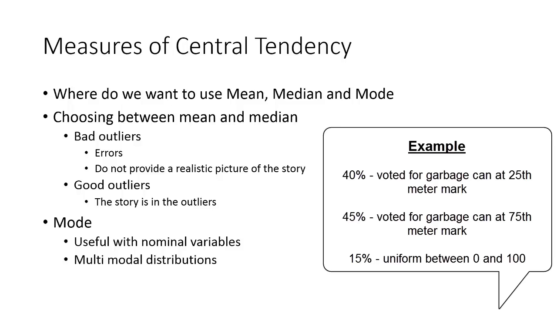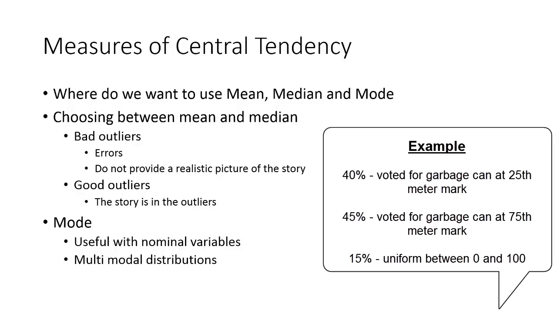Let's say another 45% said they wanted the trash can on the 75th meter mark. So just to recap, 40% of the people say they want the trash can on the 25th meter mark, 45% of the residents say they want it on the 75th meter mark, and the remaining 15% it's all over, it's like uniform, somewhere between 0 to 100.